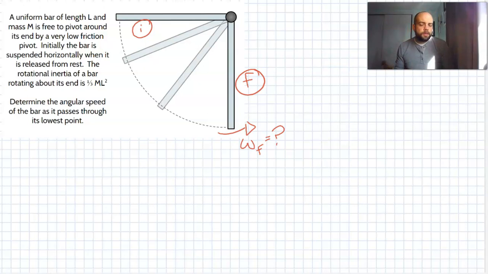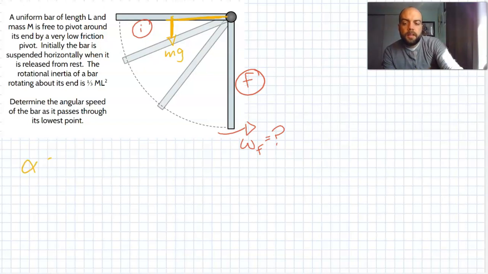Now, some students debate as to how to solve this problem, and I often see students saying, wait, are there two different ways to approach this? Some students say we can use the idea of torque, and we can say the force of gravity is pulling on this bar and applying a torque due to this distance away.